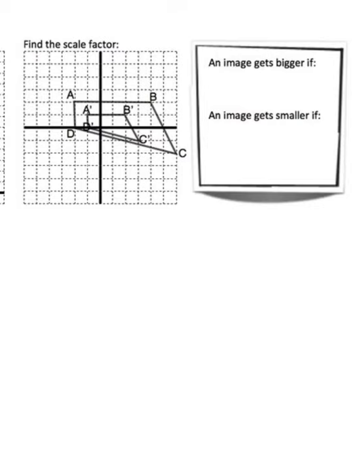All right, so I'm going to go over the example in the middle. It's asking us to find the scale factor, so we have to figure out how much bigger or smaller the image is getting. In order to do that, the scale factor is the ratio of the new side length to the original side length.